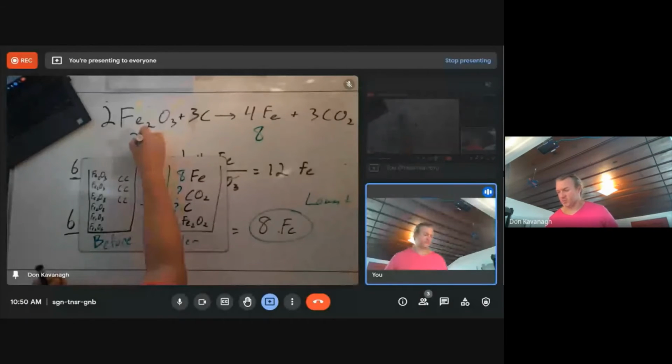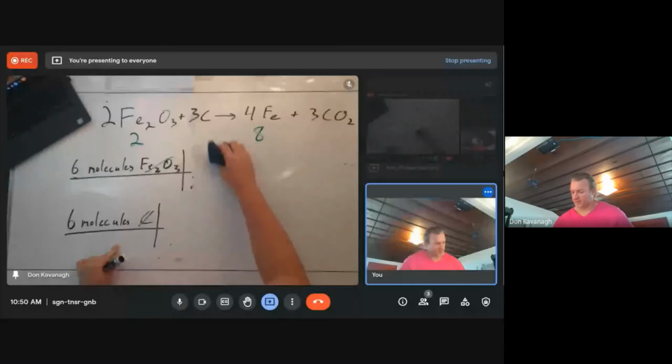Let's continue with this problem and calculate for the other product, carbon dioxide. We're still using sandwiches because we're still evaluating both of our ingredients to find out how much could be produced.